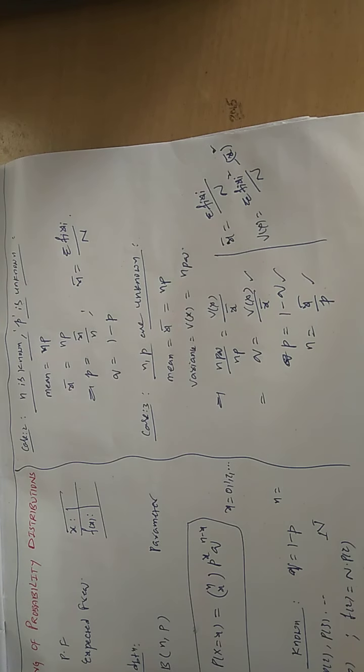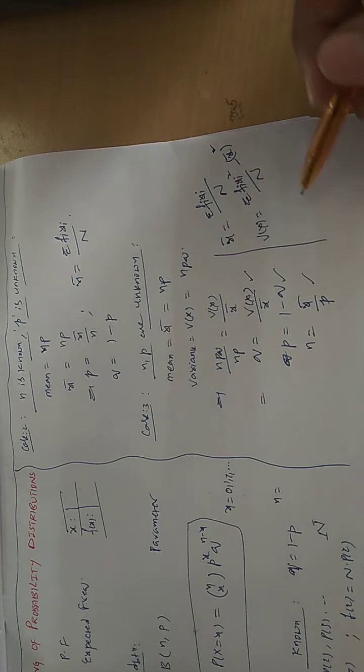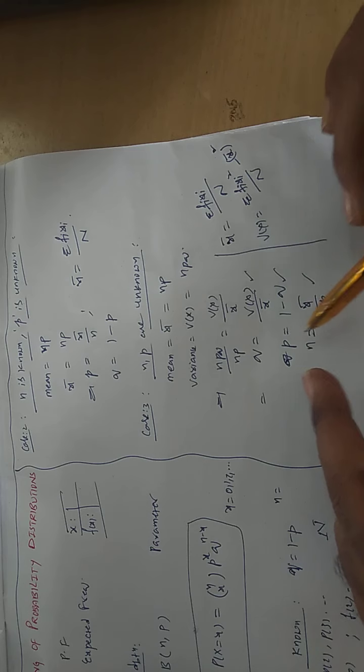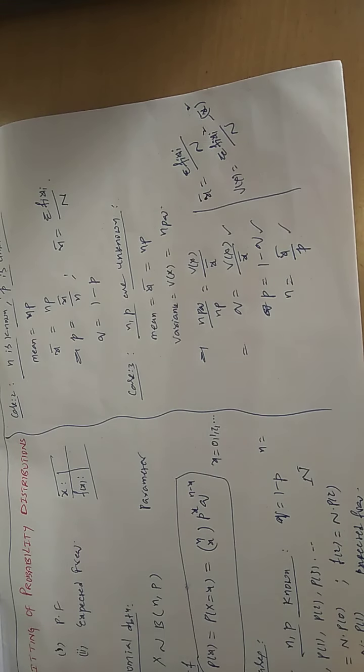This formula we apply. From the previous calculation we get the x bar and substitute here, we get the q value, p value, n value, and again we apply all the steps under case 1.